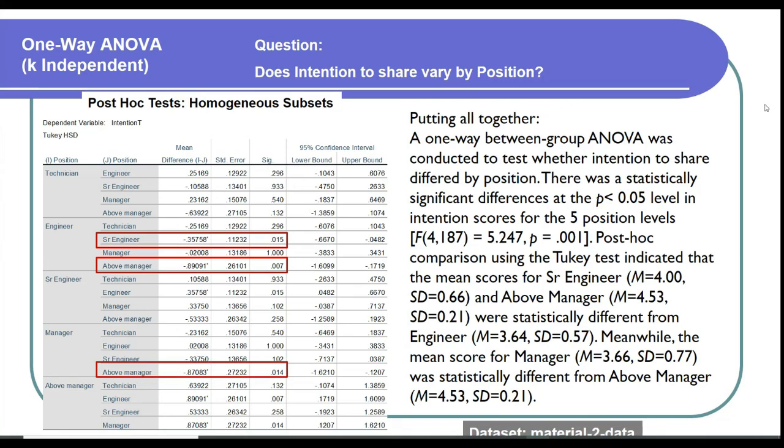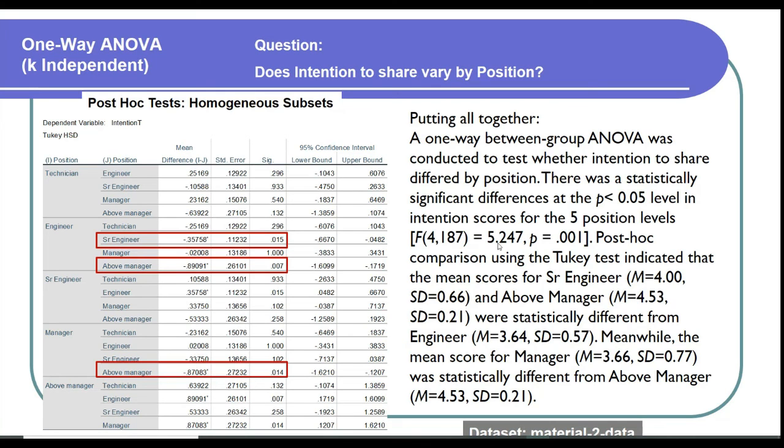So this is how you can report. The one-way between-groups ANOVA was conducted to test whether intention to share differed by position. There was a statistically significant difference at the p less than 0.05 level in intention scores for the 5 position levels.